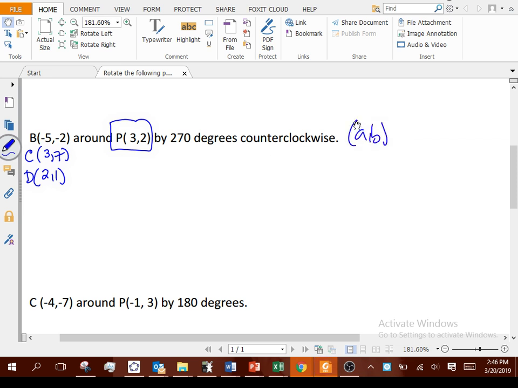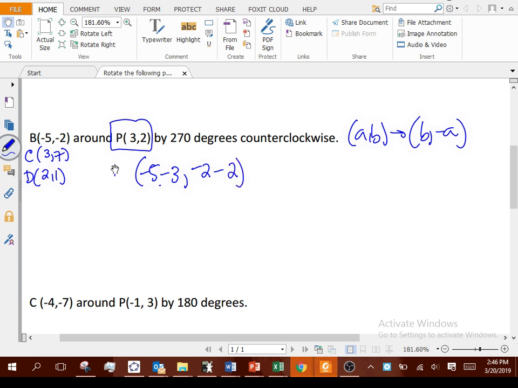Maybe first write our rule down here. 70 degrees counterclockwise is going to be that rule, right? So if I'm doing B, you're going to go -5 minus your center of rotation, comma, -2 minus your center of rotation, right? Does that make sense?